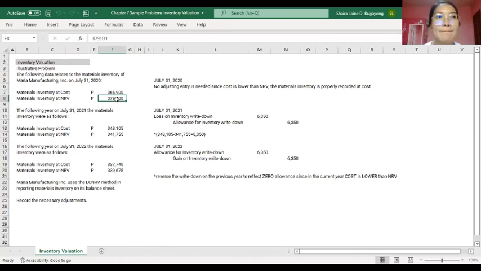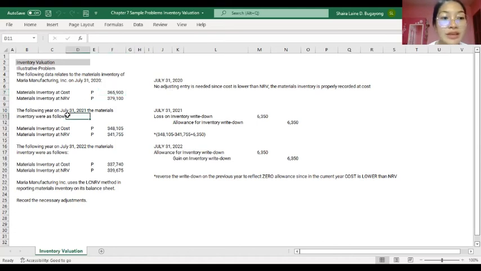Again, the standard says it should be the lower of cost and net realizable value. Which is lower here? The 365,900. What is in our books is what we computed, so that prevails. So there will be no adjusting entry.